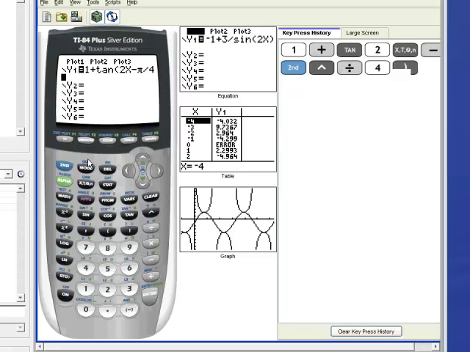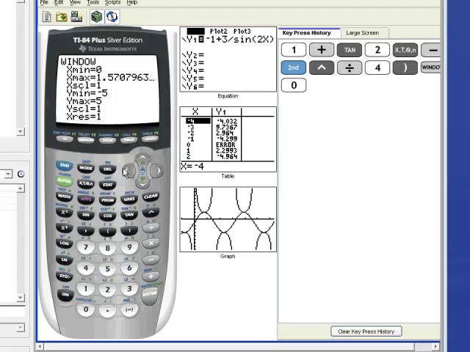Okay, and then I'm going to go to the window. I have a phase shift of pi over 8, and with that minus in there, that actually means the phase shift is positive, so we're going to start on the positive side. I'm just going to call my minimum x value 0.